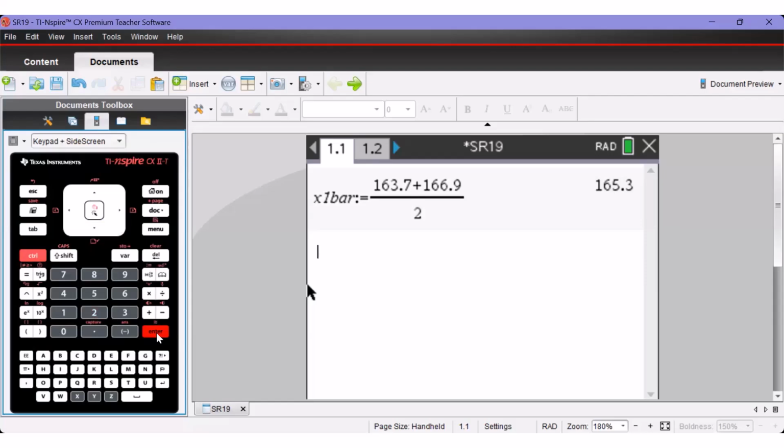So we've stored or assigned X1 bar to be 165.3 centimetres. Now let's let S1 be the sample standard deviation for sample size N for the teacher's class.